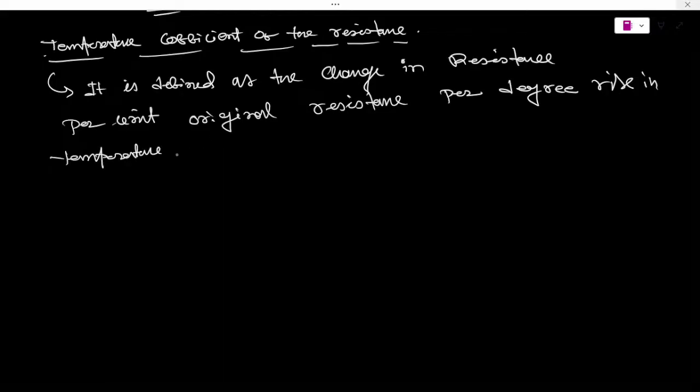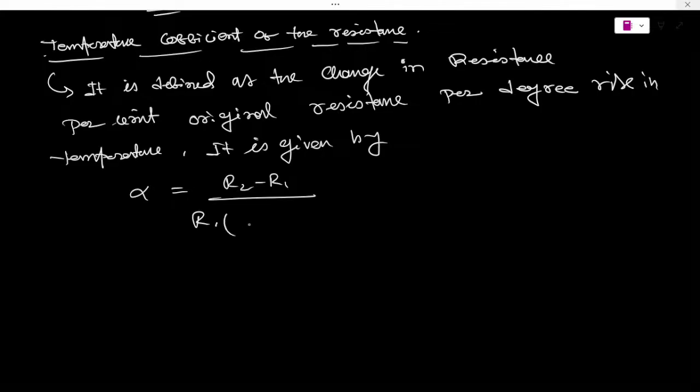So it is given by alpha is equal to R2 minus R1 divided by R1 into T2 minus T1.